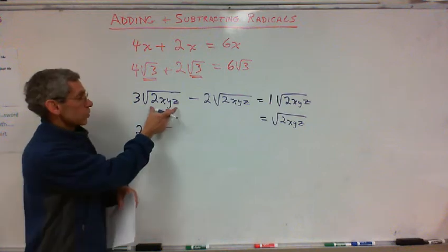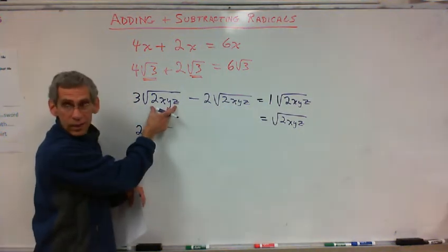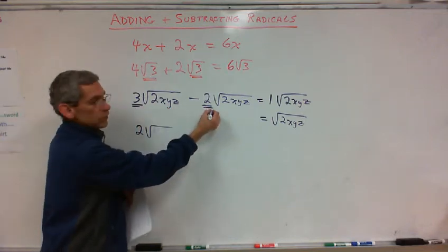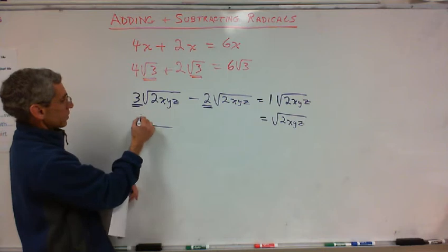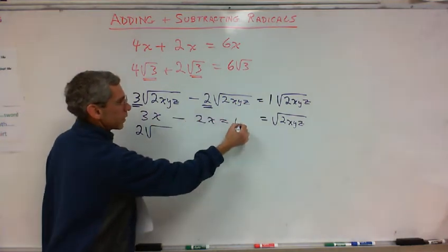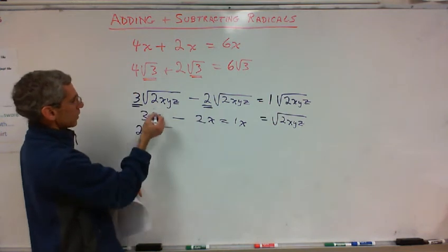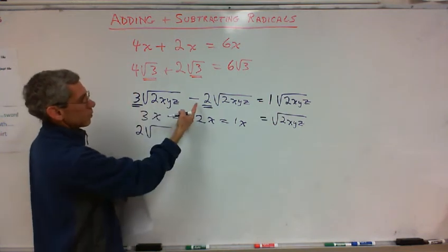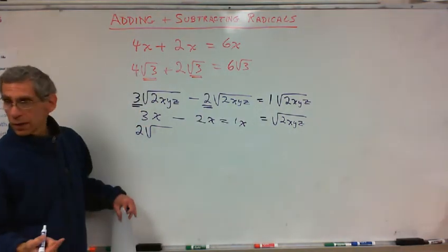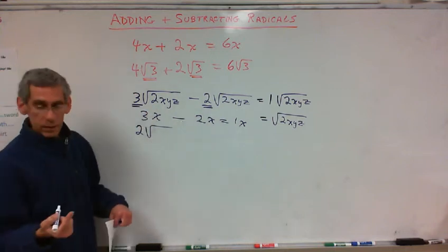Just like if I did 3x minus 2x, that would equal 1x. Pretend like x is just the square root of this. I have 3 of these, I'm going to take 2 of these away from the 3, and I have only 1 left over. So it's only the coefficient that you're adding or subtracting.